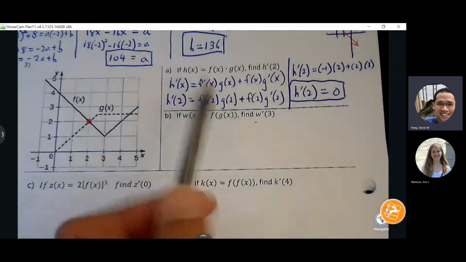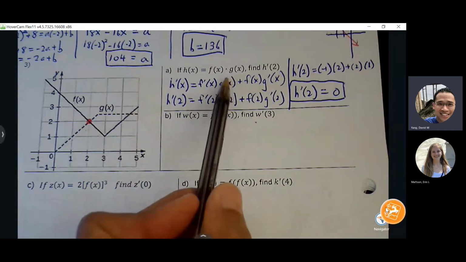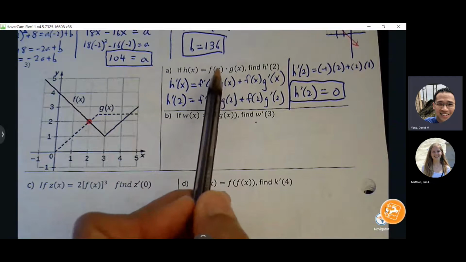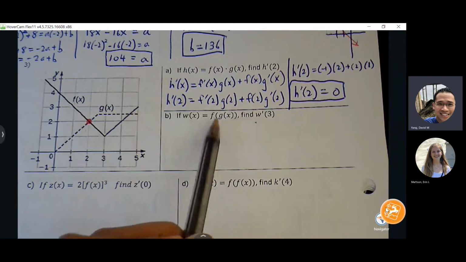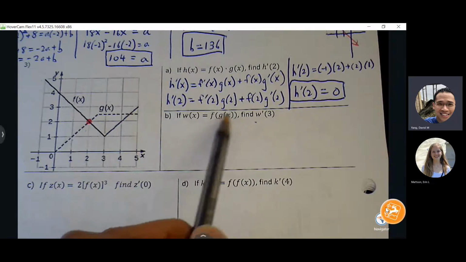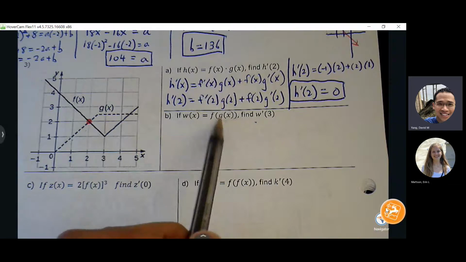Do you see the difference between chain rule and product rule? Basically, you count the x's. If you have 2 x's, that means you have 2 functions. Here, there's only 1 x. It's a function within a function. So this is chain rule, right? Sometimes students mistake chain rule for product rule, so just be careful.